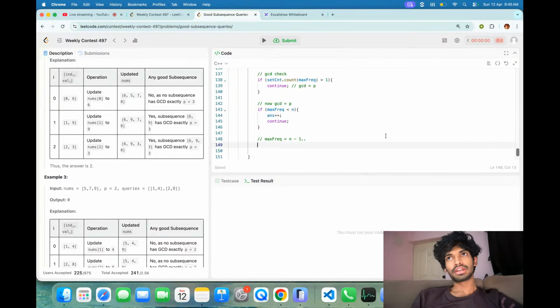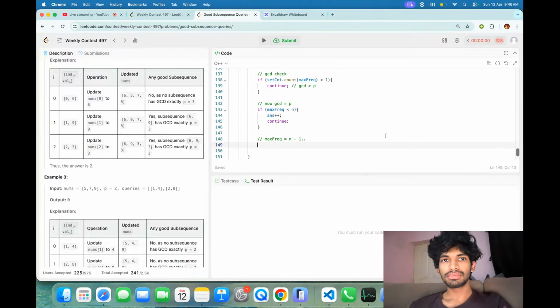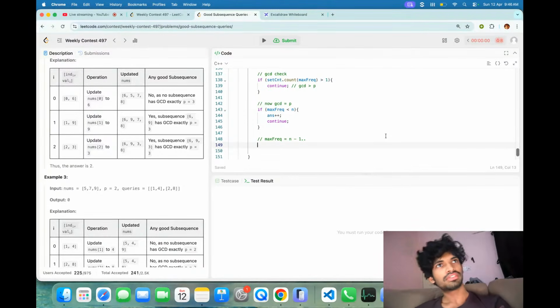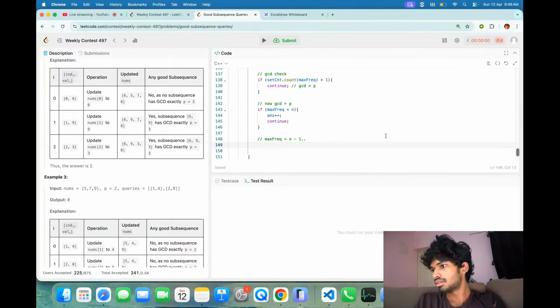So my idea is correct. Whatever the indices that are failing, when some count of q becomes n minus 1, you want to store the value in the set for that index. You will mark it as failed.